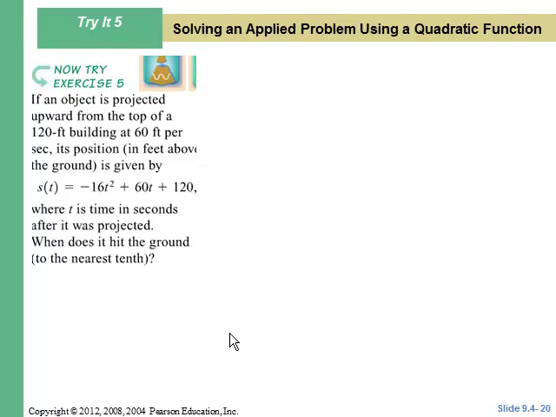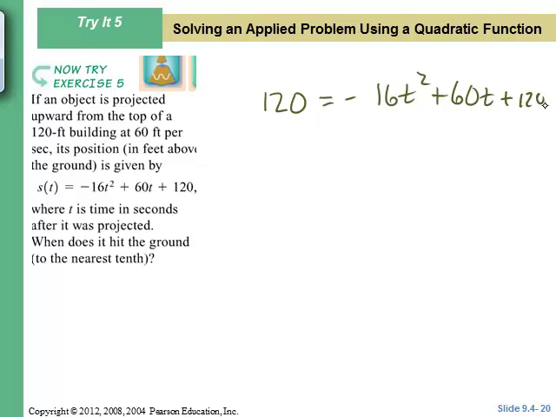If an object is projected upward from the top of a 120-foot building at 60 feet per second, its position above the ground is given by negative 16t squared plus 60t plus 120, where t is the time in seconds. When does it hit the ground? In other words, when is 120 equals negative 16t squared plus 60t plus 120.